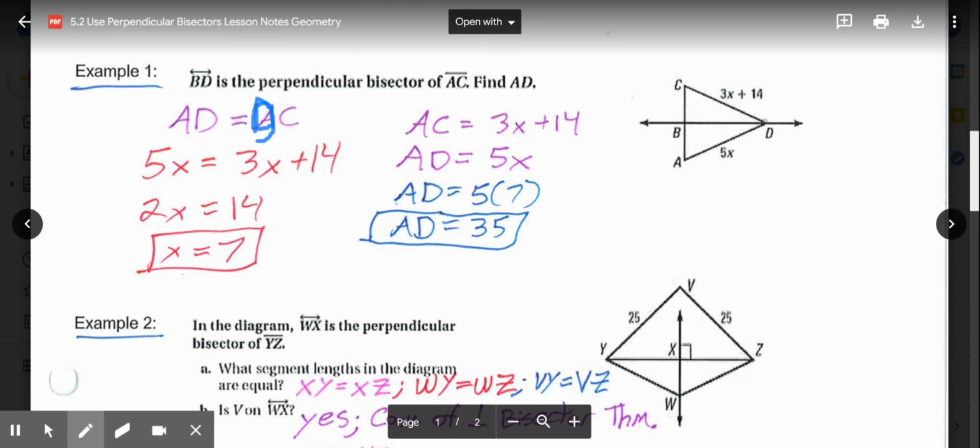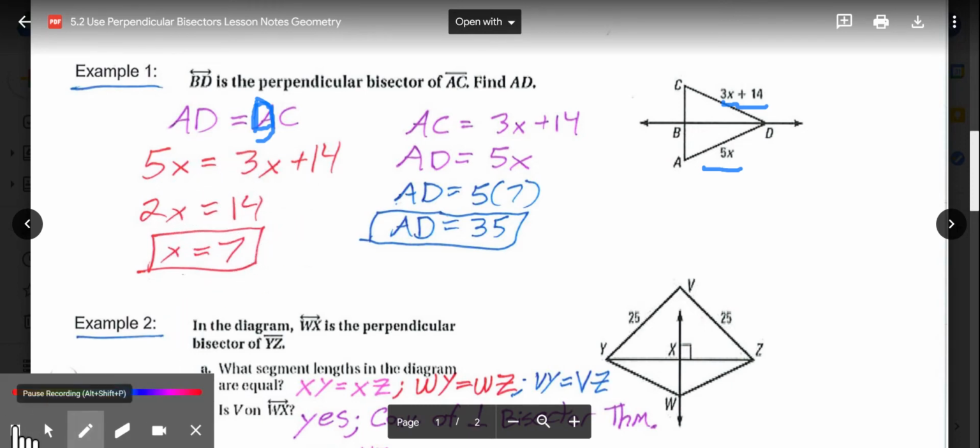So we can begin with finding the measure of AD by saying 5x equals 3x plus 14, because CD here is equal to AD. So 5x equals 3x plus 14, subtract the 3x from each side, 2 times x equals 14, divide by the 2, and x equals 7.